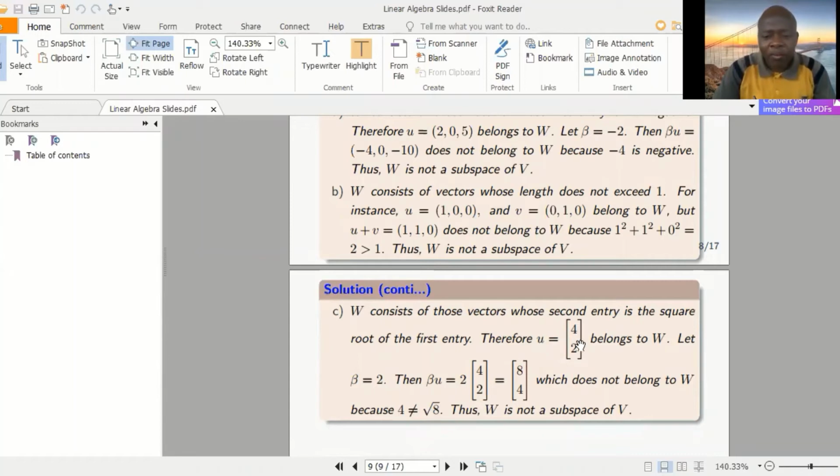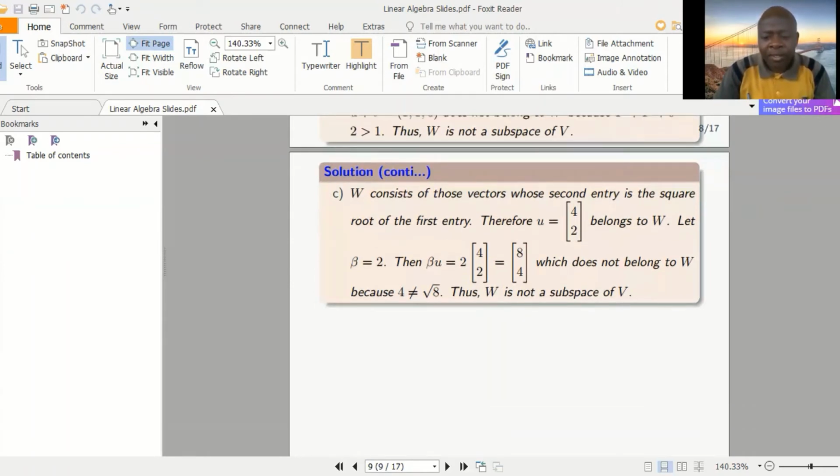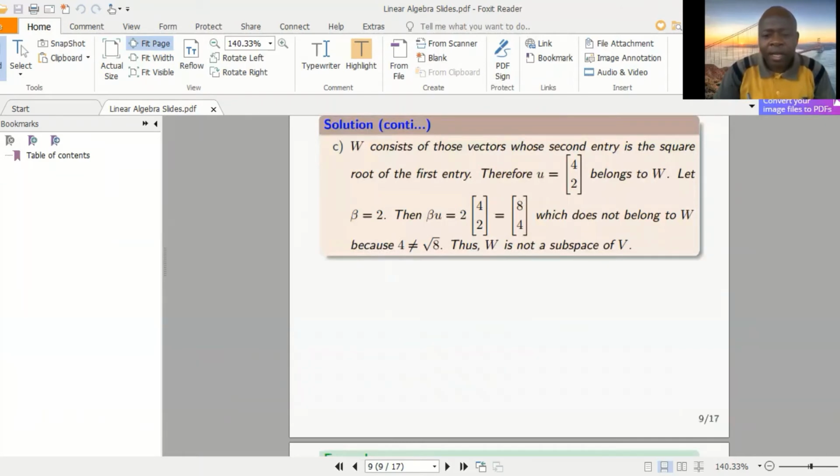Therefore, vector U, which is 4, 2, belongs to W. Then I chose a scalar beta and got the product 8, 4. I discovered that 4 was not the square root of 8, which means this new vector does not belong to W, and therefore W is not a subspace. So it's very easy for us to show that subsets are not subspaces.